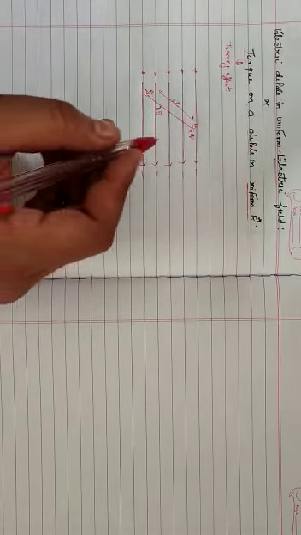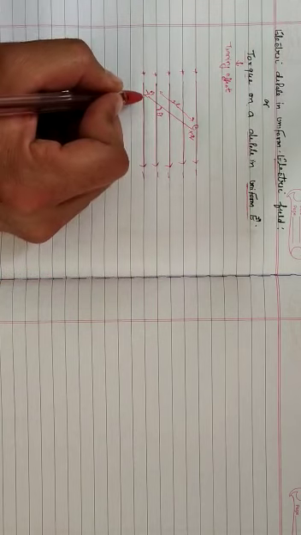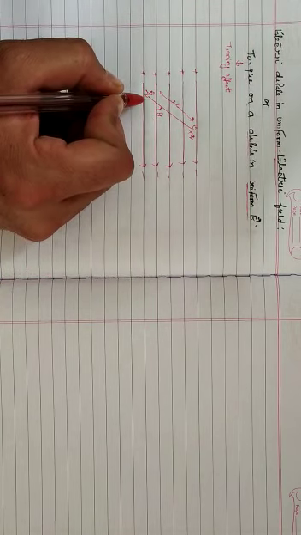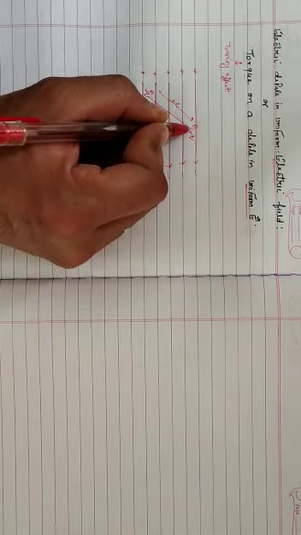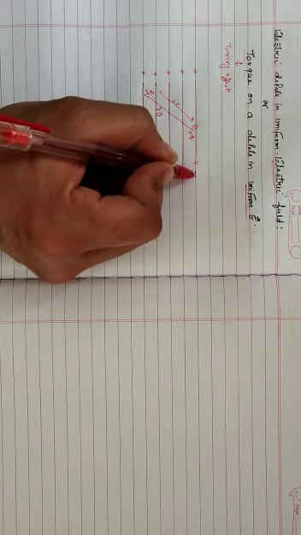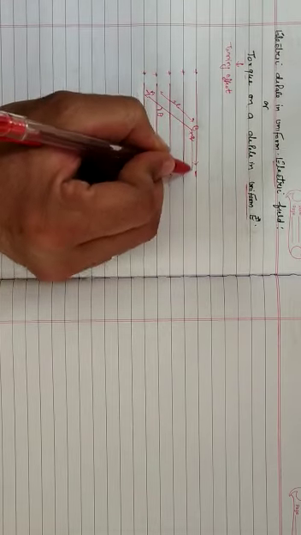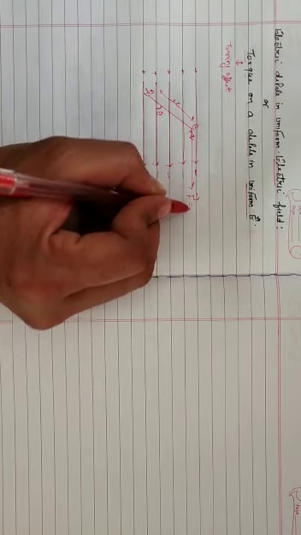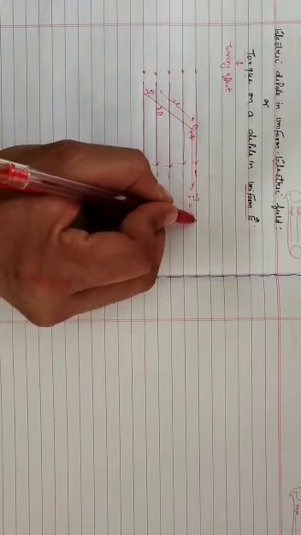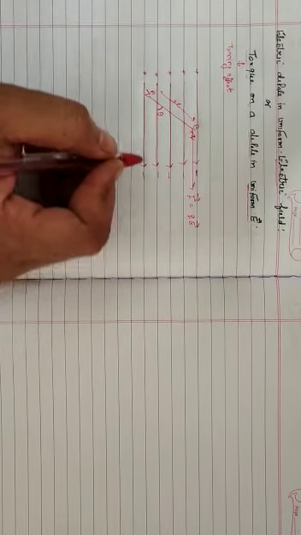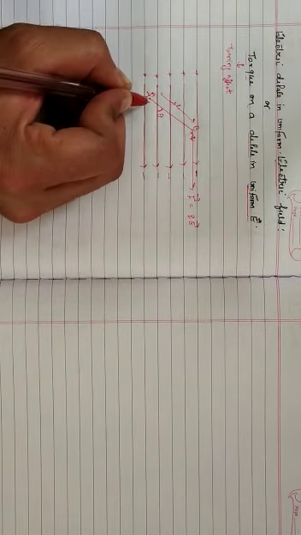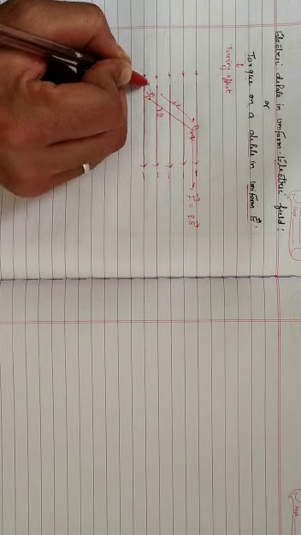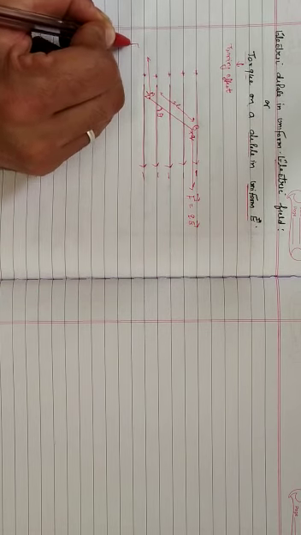When any charge is placed in a uniform electric field, it experiences an electrostatic force. So this plus q charge experiences the electrostatic force, F equal to qE. Similarly, the negative charge also experiences an electrostatic force, but toward the positive charge, F2.